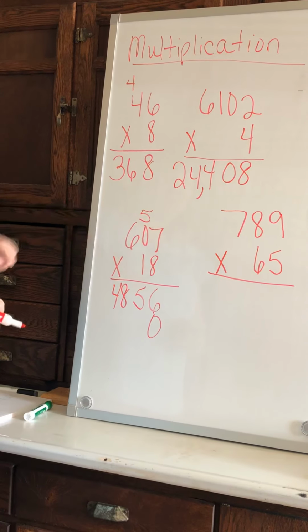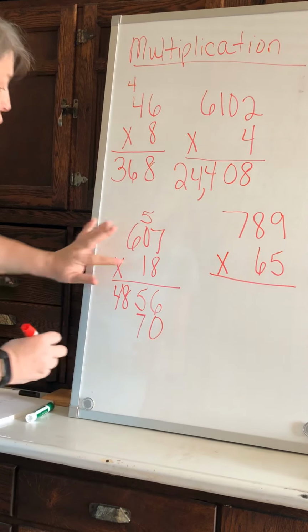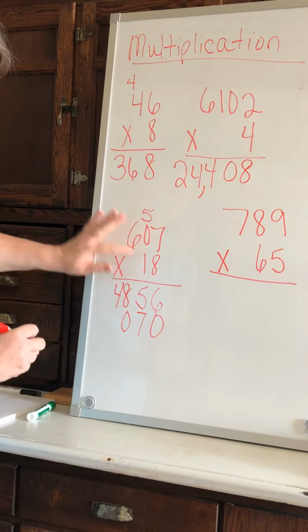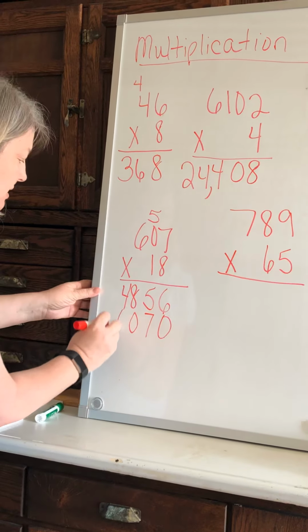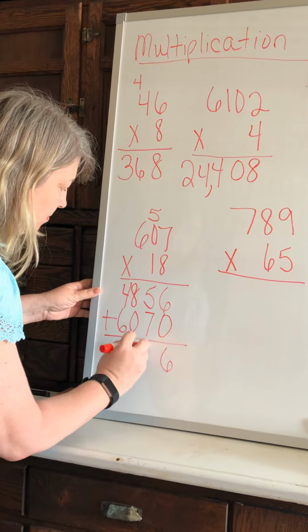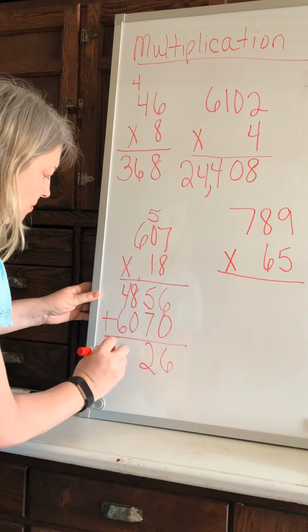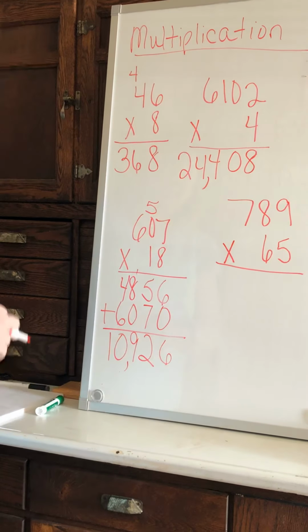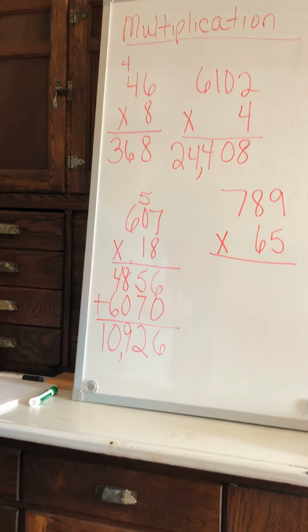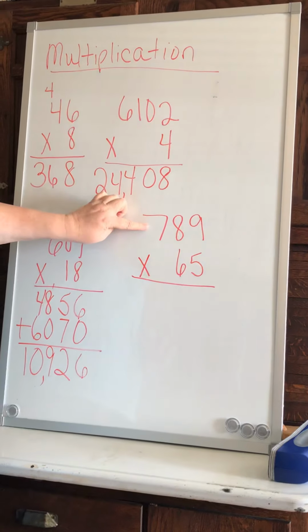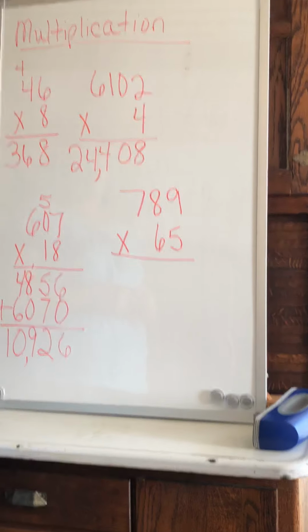So 1 times 7 is 7. 1 times 0 is 0. And then 1 times 6 is 6. We're just going to add all of this together. And our answer is 10,926.